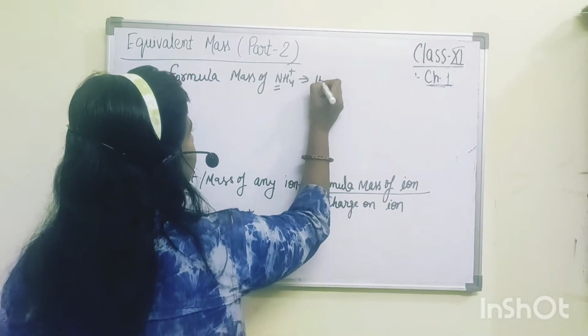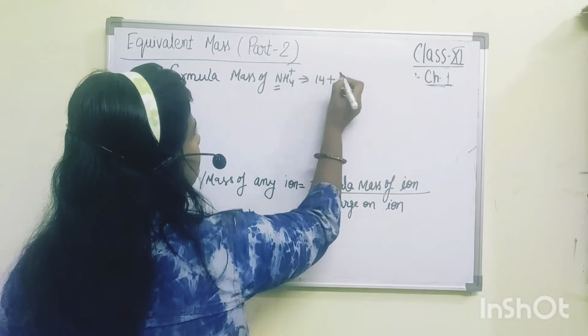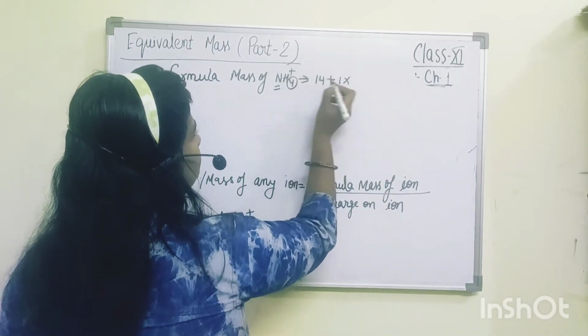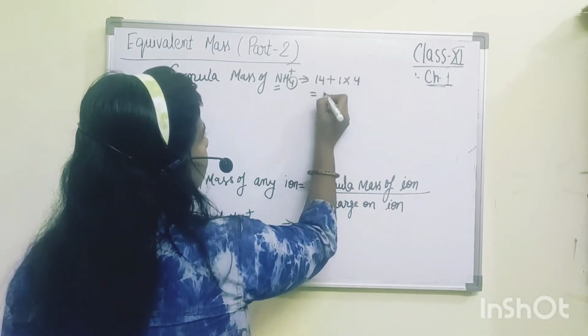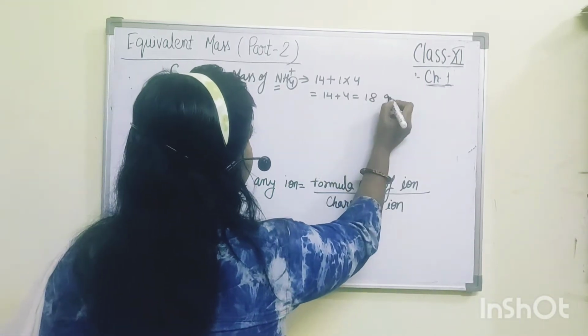Nitrogen, 14 is the atomic weight of nitrogen. Hydrogen 1 multiplied by the number of atoms, 4. Therefore 14 plus 4 is equal to 18 gram.